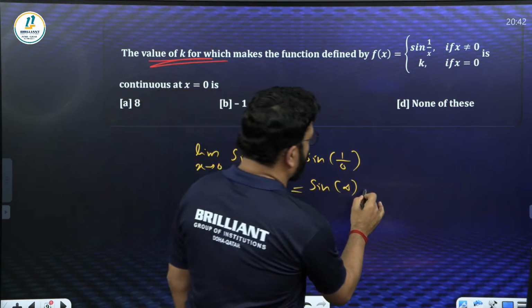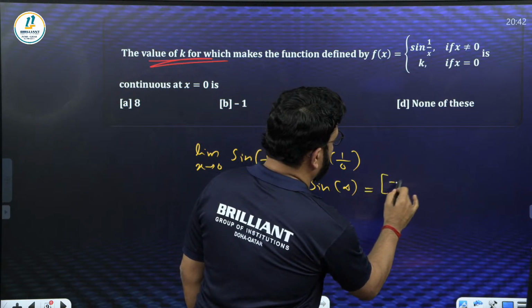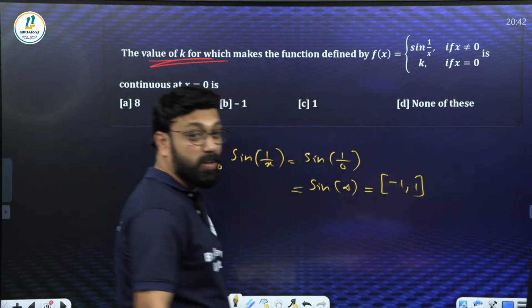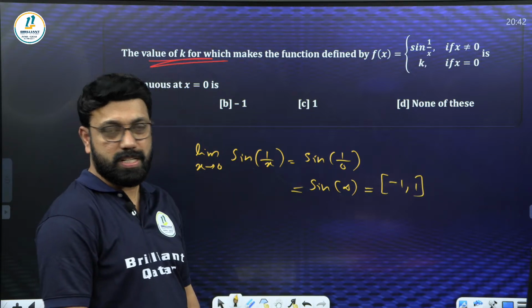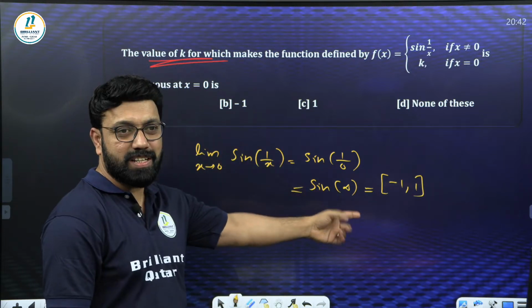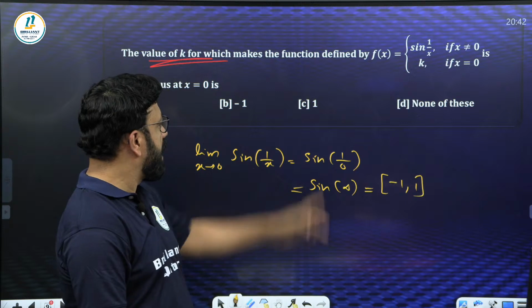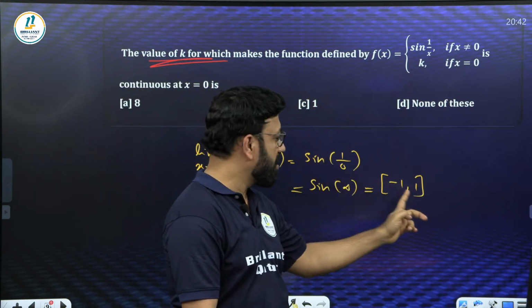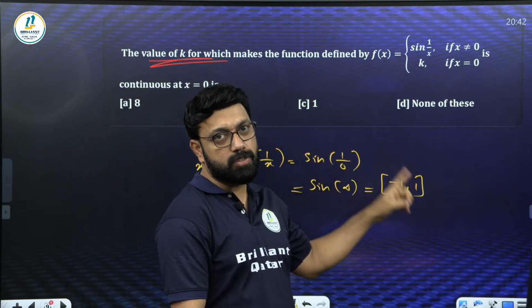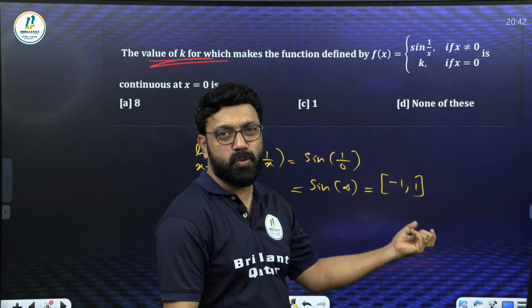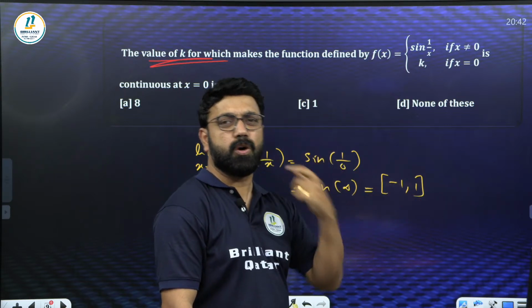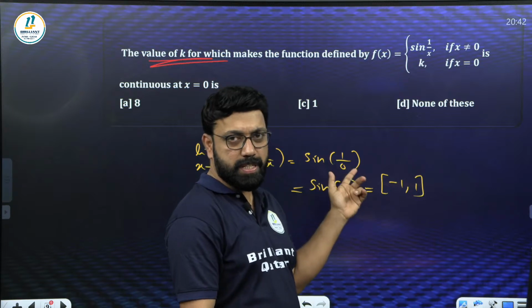As I told, this goes to a value between -1 and 1. Any particular values there? No. 8, no chance. How can we check a particular number? And 1, we cannot tell that particular. If you are taking -1, 1 also is a right answer, no? So from -1 to 1, we don't know any value. So what is the correct option we can take from here? From the options only. Okay.